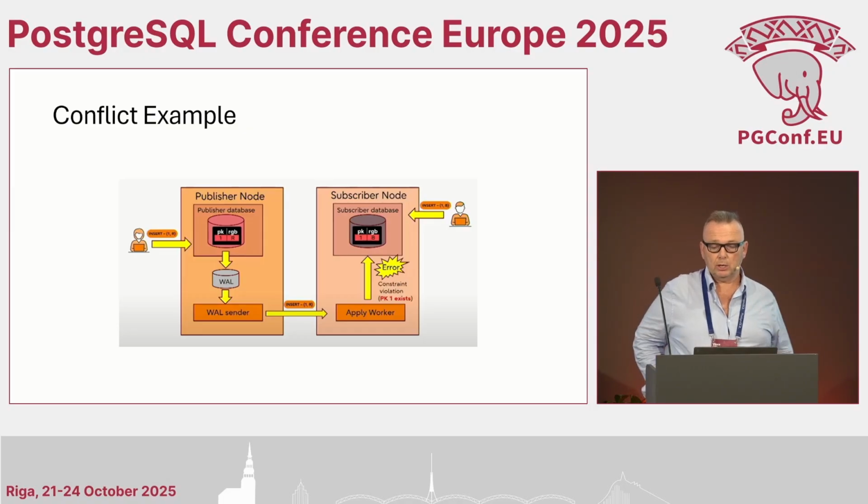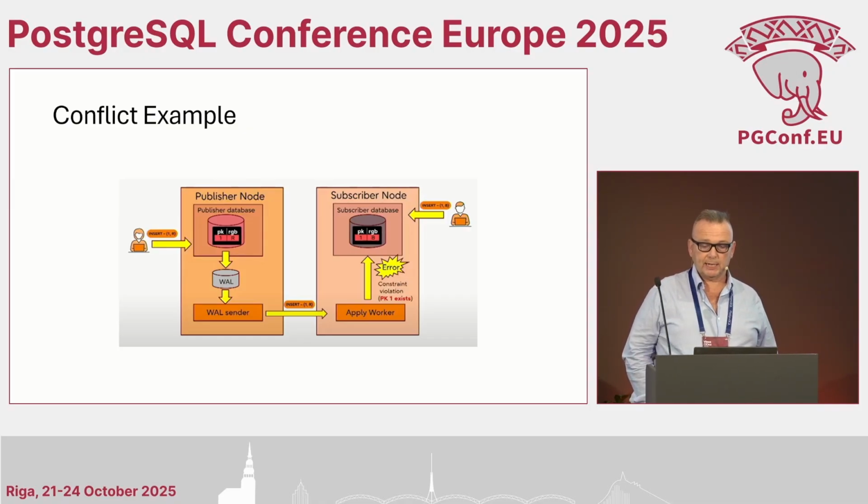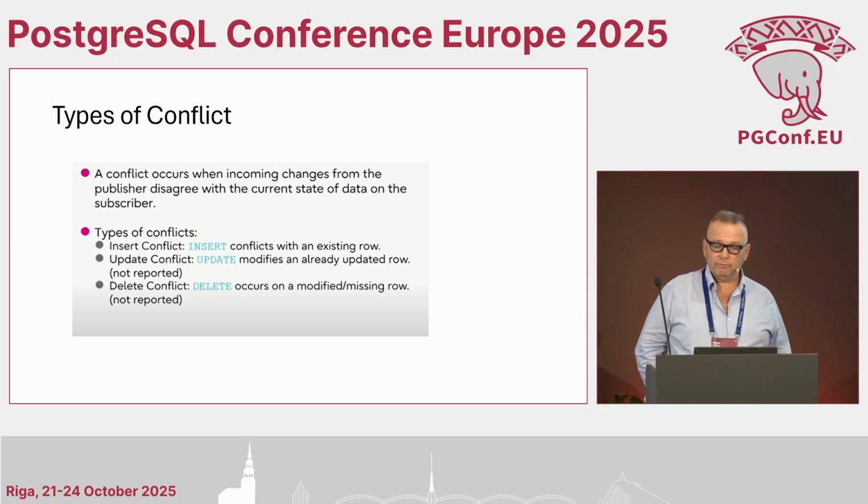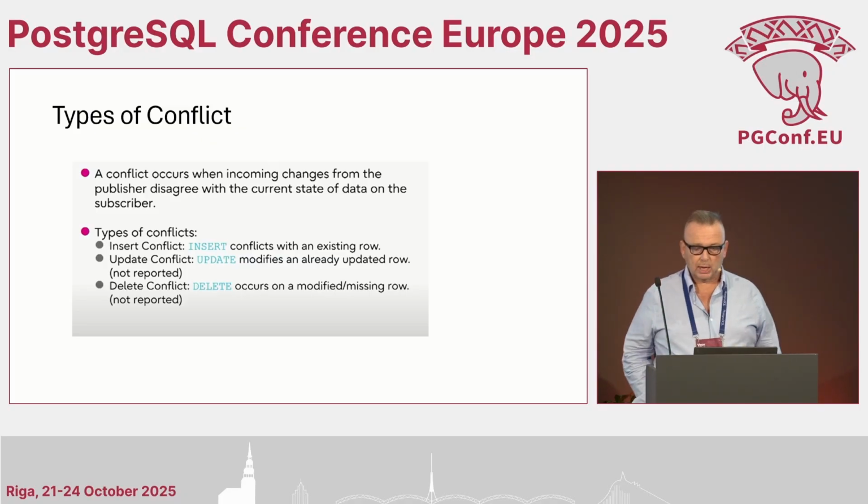So a conflict can occur when a change from a publisher being applied to a subscriber database violates a constraint like a unique key constraint. A conflict occurs when incoming changes from a publisher fail to be applied on the subscriber due to a data difference. Broadly speaking, we've got three different types of conflicts.